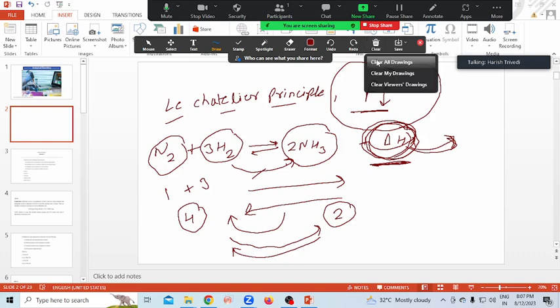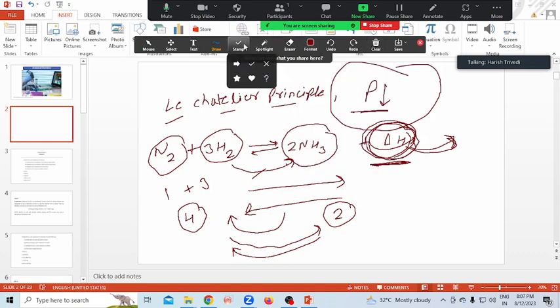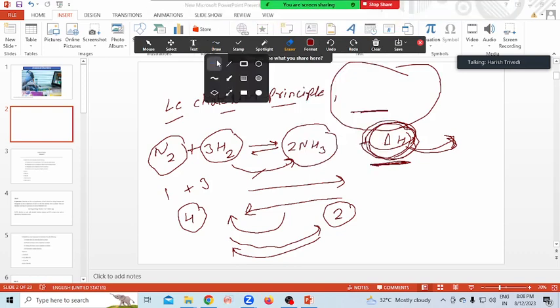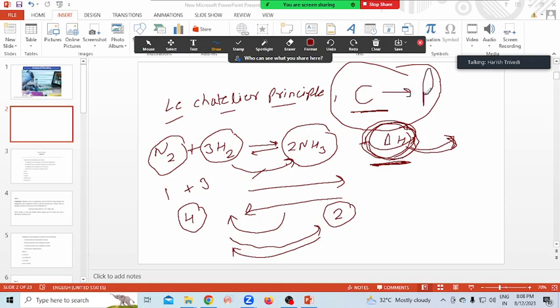Similarly, you can correlate this by concentration also, concentration of reactant or product. If you are increasing or adding concentration of reactant, then obviously the reaction will move toward the forward side.